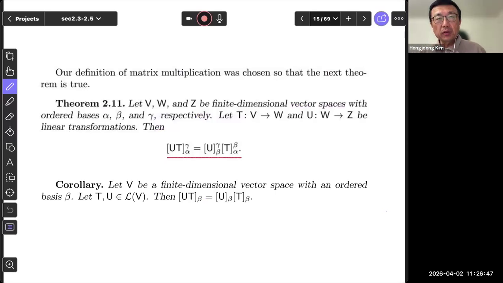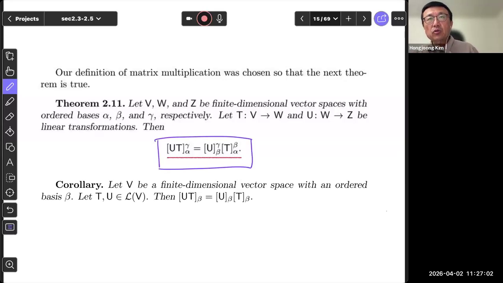As I said, we defined the product of two matrices as above in order to derive the following identity. When T and U are linear transformations, from V to W and from W to Z, then their composite will have a matrix representation, and that matrix representation will be the product of the two matrices representing U and T respectively.